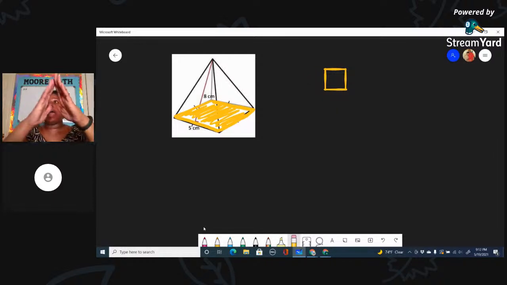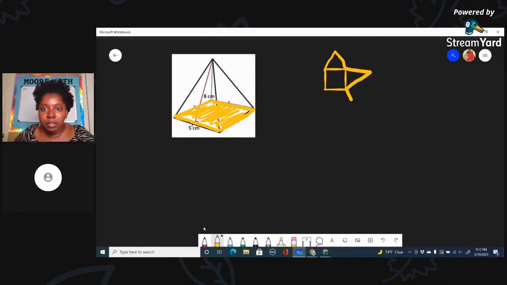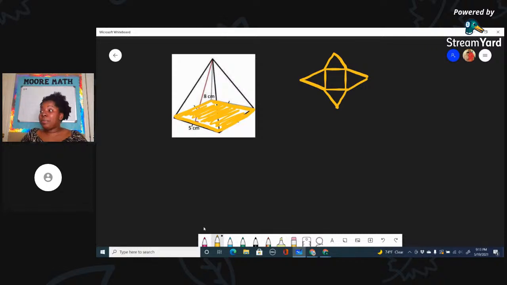And if you have a pyramid and you were to open it up, okay, this is how it would look. Oops. Okay. This is how it would look. Triangle here, triangle here. I was trying to make a star. Triangle, triangle, triangle, and triangle. Okay, that's how it would look.